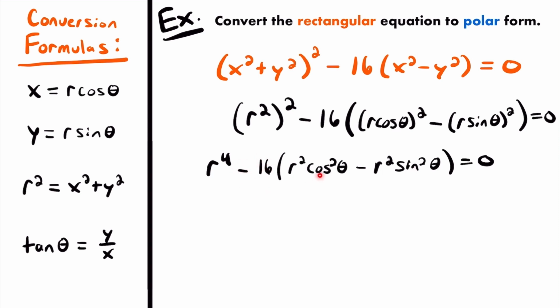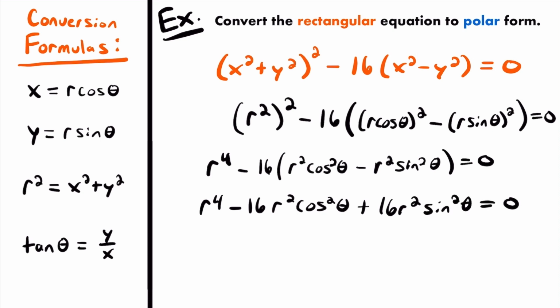We'll multiply it by both of those terms. So we'll have r to the 4th power minus 16 times r squared times cosine squared theta, and then negative 16 times this term, which is negative, will become positive. Those two negatives will cancel out. So we'll have plus 16r squared times sine squared theta, and that will be equal to 0.